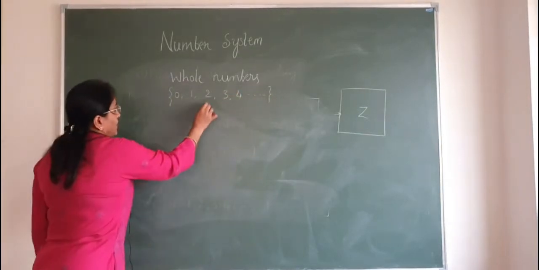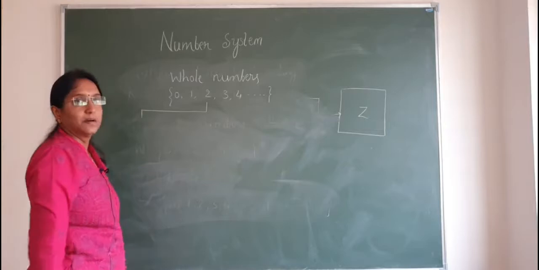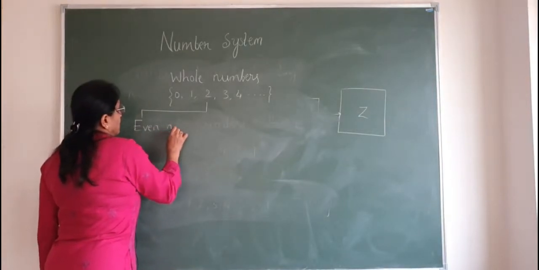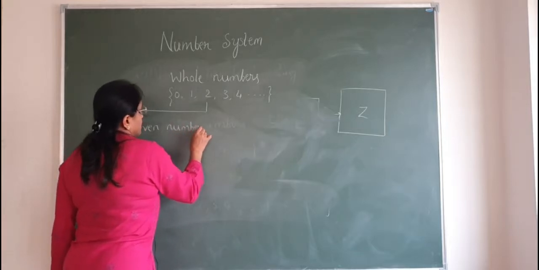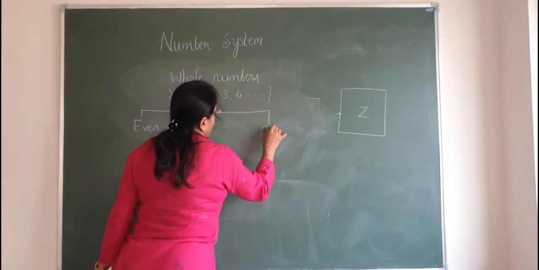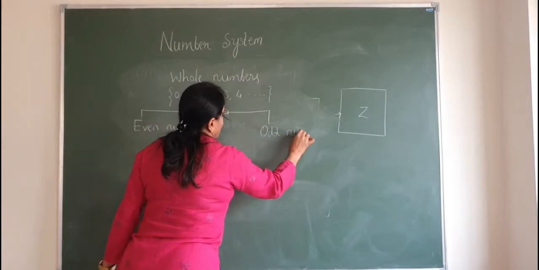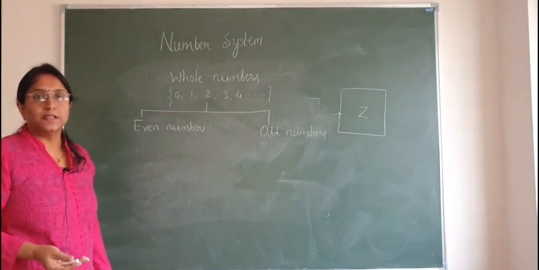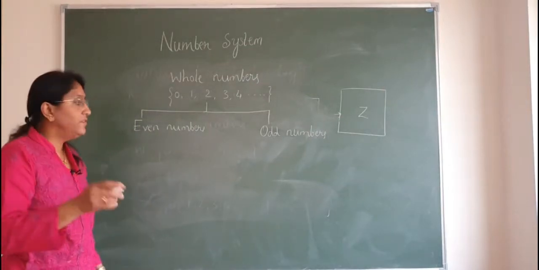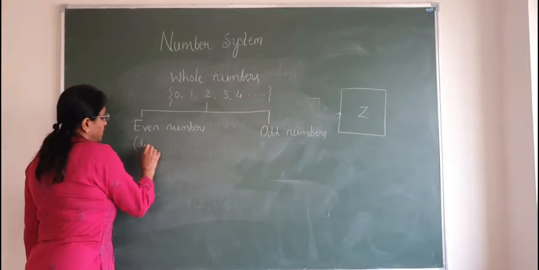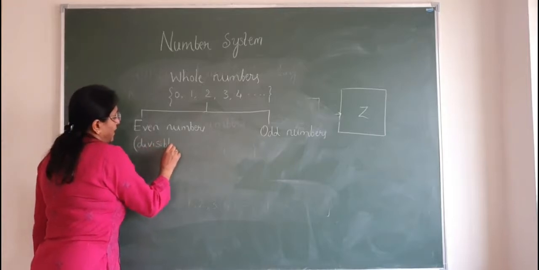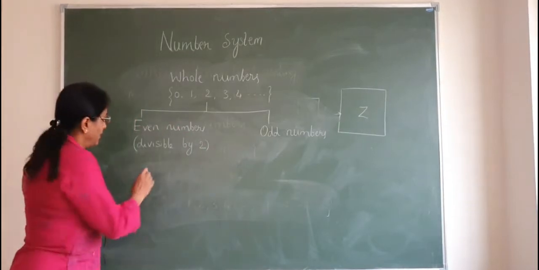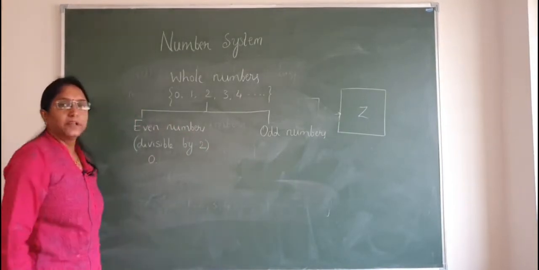Here again I divide these numbers as even numbers and odd numbers. So what are even numbers and odd numbers? Even numbers means the numbers which are divisible by 2. Example, 0 is divisible by 2.